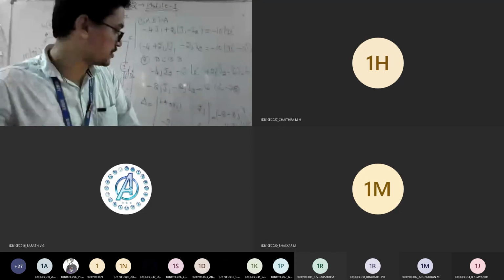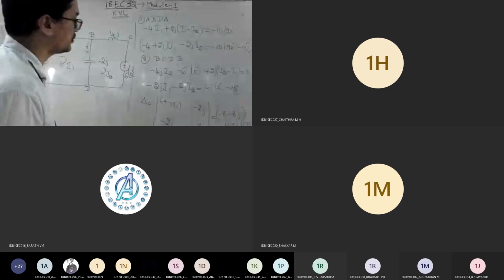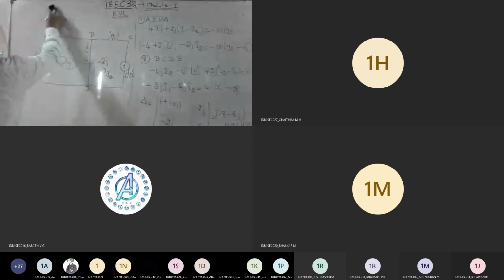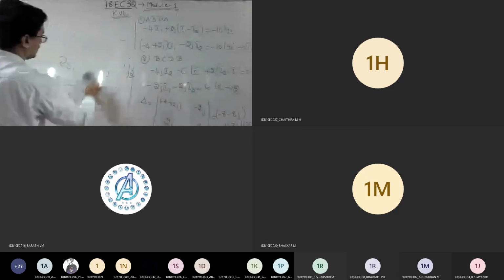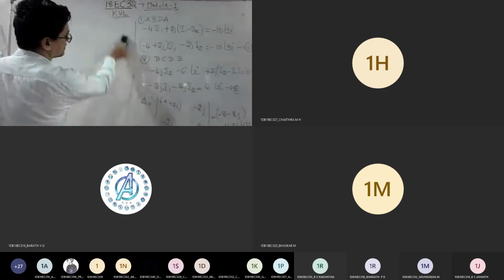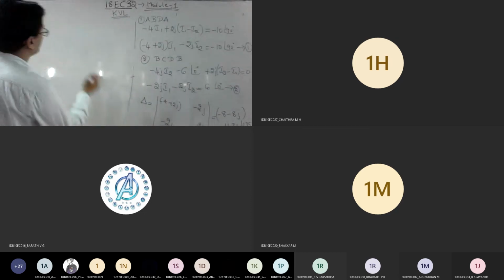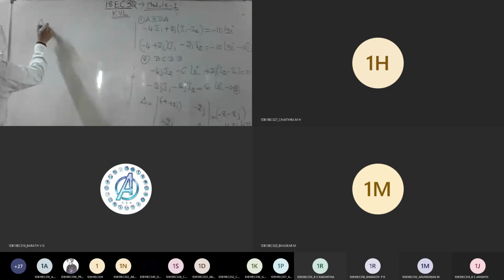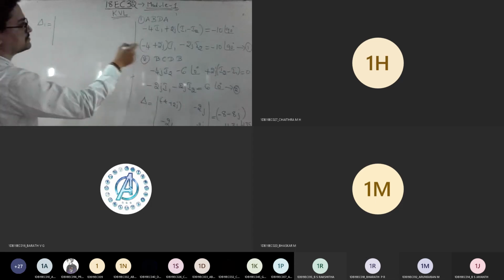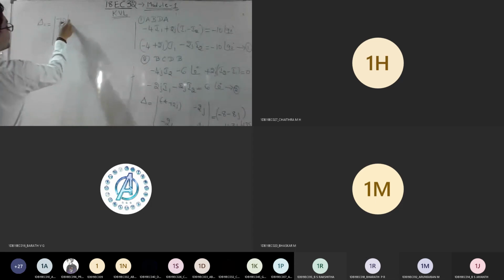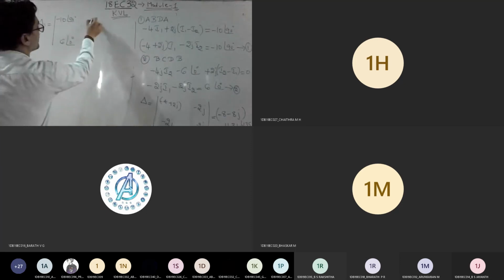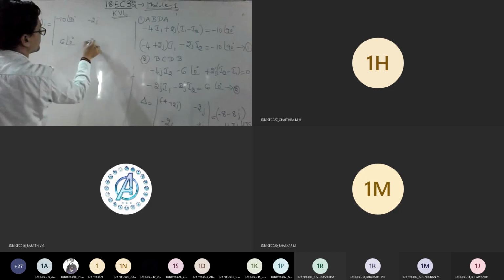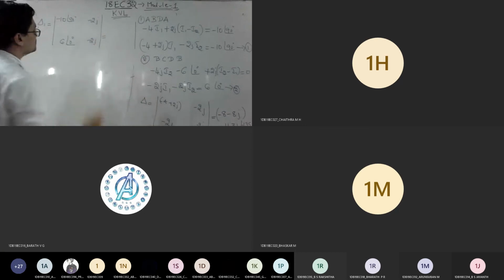So similarly, find delta 1 and delta 2 and tell me the answer. What you should do: find delta 1 by replacing the first column of delta with your constant terms. So delta 1 has the constant terms minus 10 at an angle 90 and 6 at an angle 0, and this minus 2j remains the same. What's the answer?